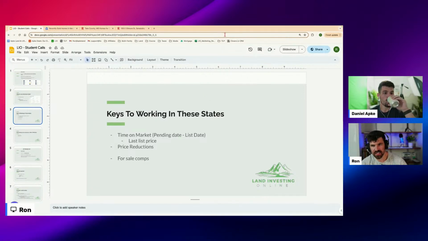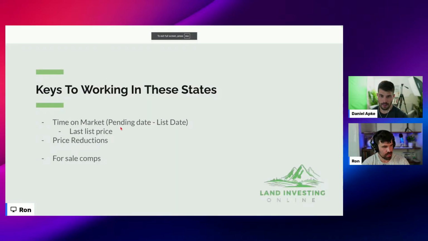Okay. So this is kind of getting into the metrics, Dan, the question that we started with at the beginning. The keys to working in these states. Number one is the time on market, and this is for sold properties. A lot of people look at time on market as list date to sold date.